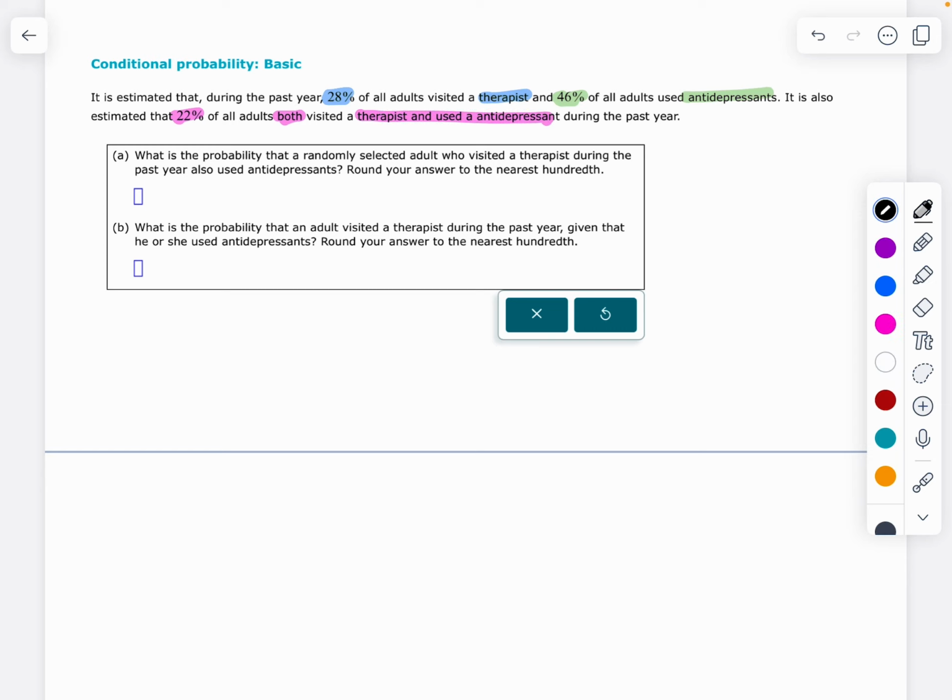So the probability of an antidepressant was 0.46. The probability of a therapist, oh, I went the wrong direction on that one. Don't write your numbers wrong like I did. 0.28. And the probability of therapist and antidepressant was 0.22.